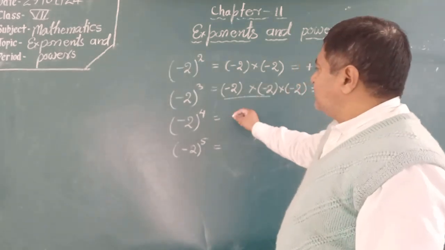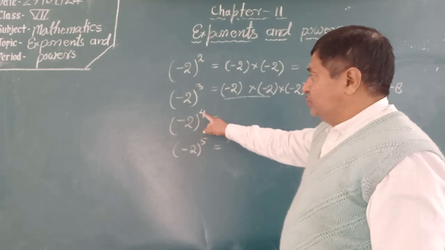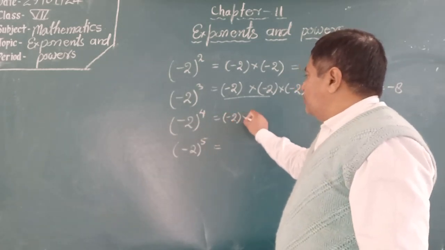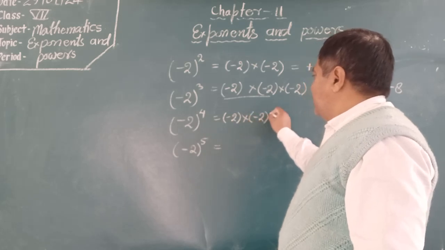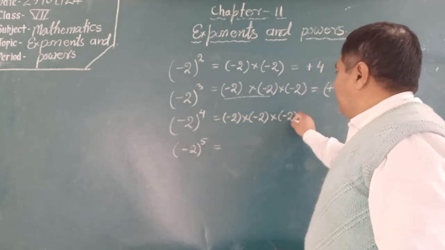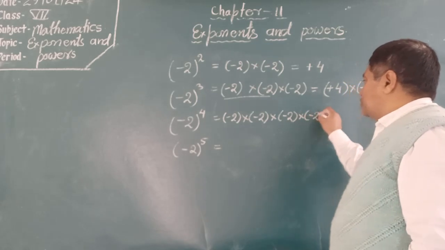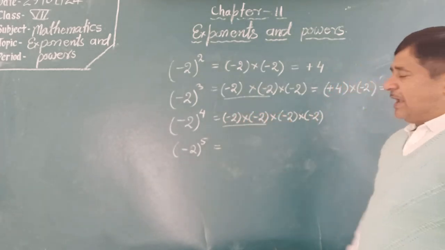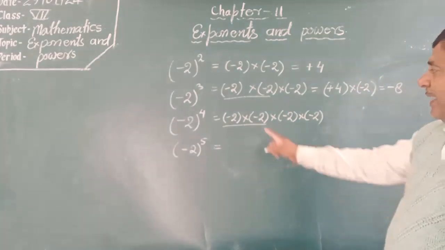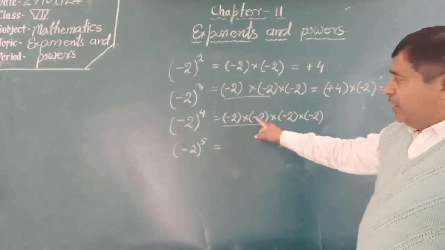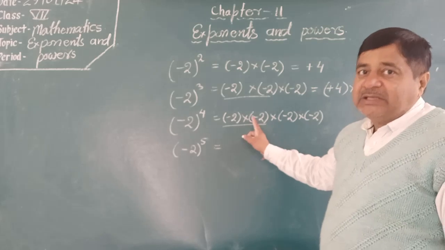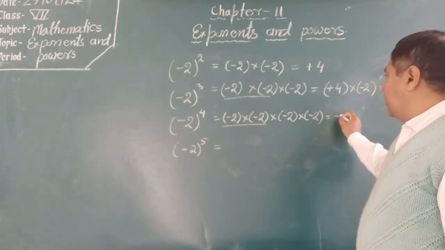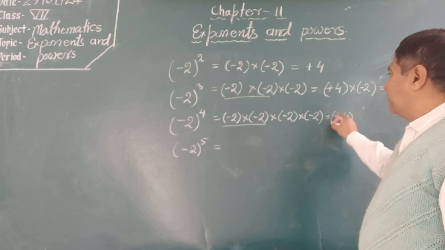Now in minus 2 raised to the power 4, we can write minus 2 into minus 2 into minus 2 into minus 2, 4 times. Here again we multiply minus 2 into minus 2. First we multiply the signs, minus into minus becomes plus 4.